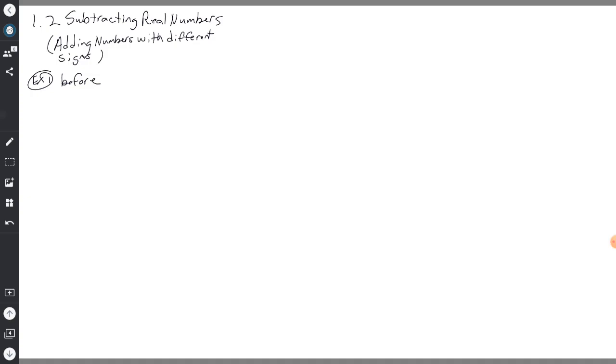Before, we did things like this, where we had, for example, 30 plus the negative 42. But now this same thing is written as 30 minus 42.